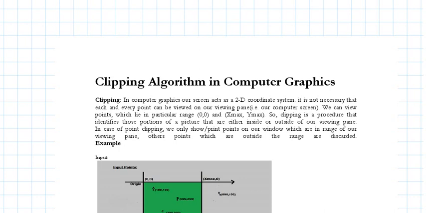Basically, in computer graphics, your screen acts as a 2D coordinate system. How?